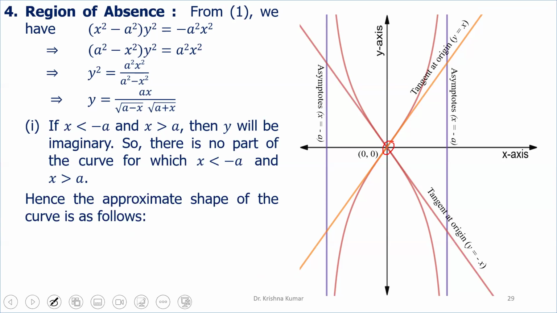There are two tangents: y equal to x and y equal to minus x. So this is the first tangent, and this is the second tangent. Now, what are the asymptotes parallel to the y-axis? So this is the first asymptote, and this is the second asymptote.